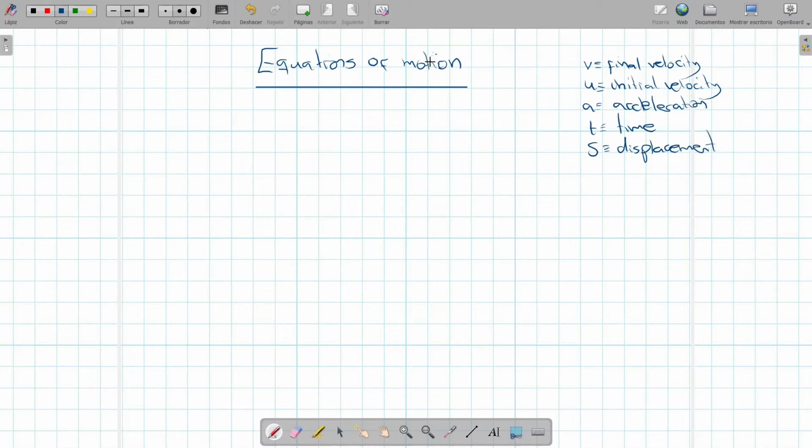Okay, so what are the equations of motion?